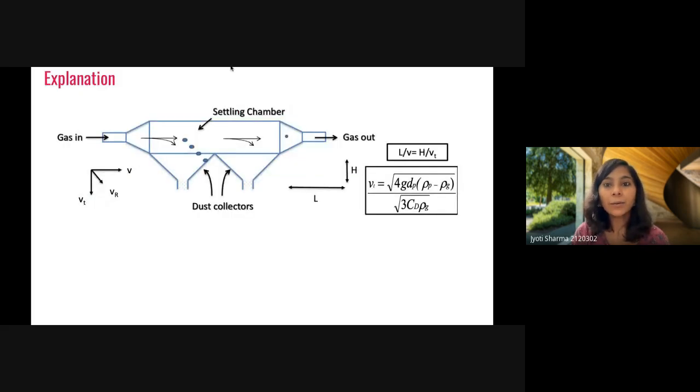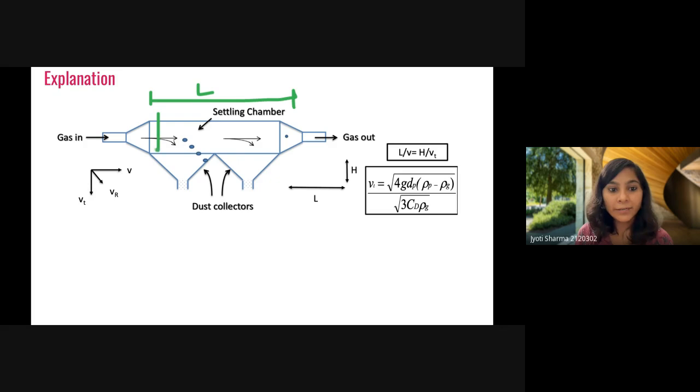So again, we are coming up with the same figure. The gas will come in, under gravity the dust will be deposited at the bottom, and the gas will go out. Okay, this is our horizontal distance, so this is your L, right?